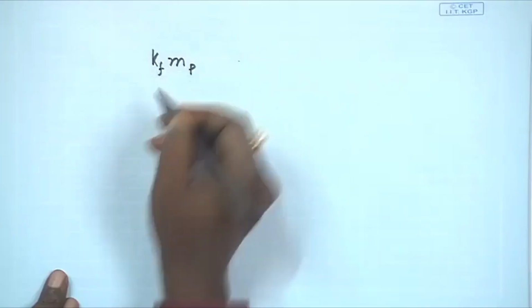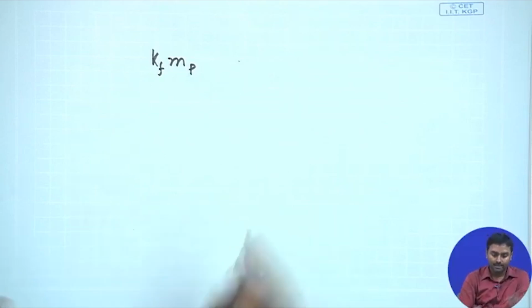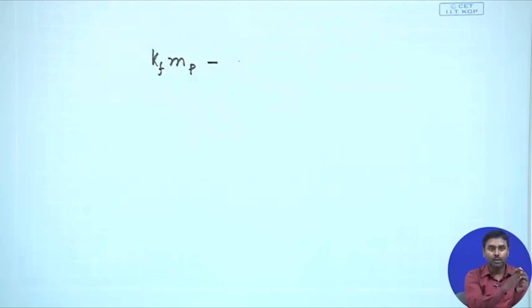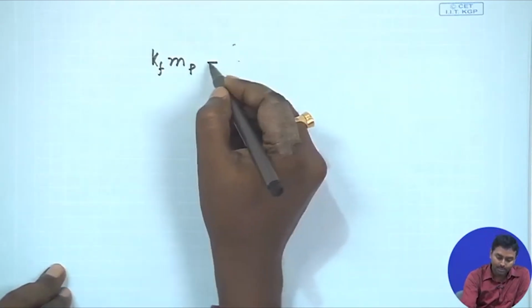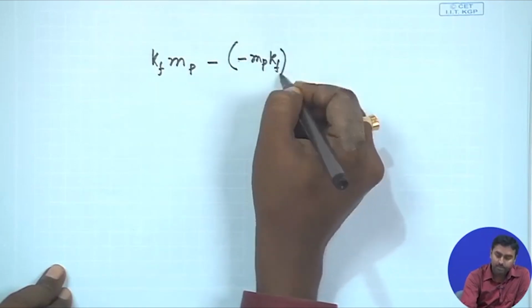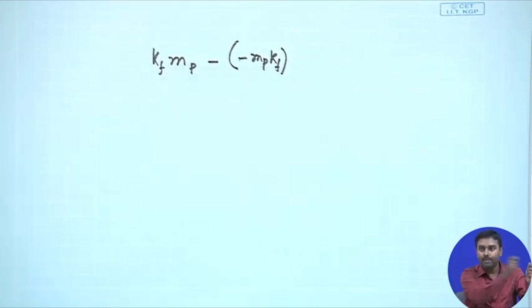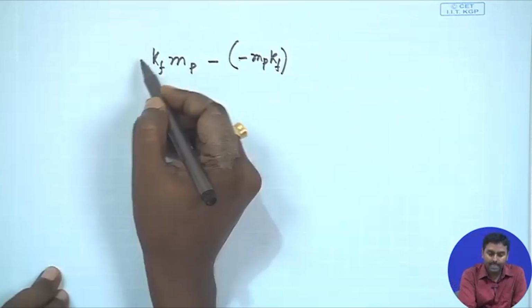My maximum signal is mp, so kf into mp is the maximum angular frequency deviation that I can create around omega c, and the minimum angular frequency that I can create should be minus mp into kf, because the minimum signal will be minus mp. So this is the deviation between the maximum frequency and minimum frequency, in omega.